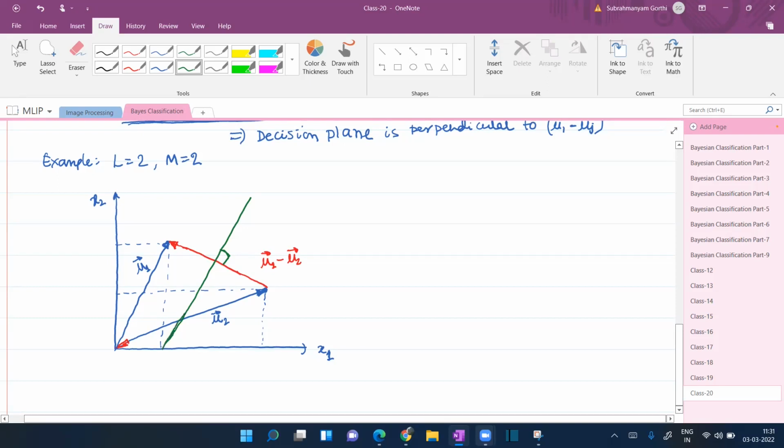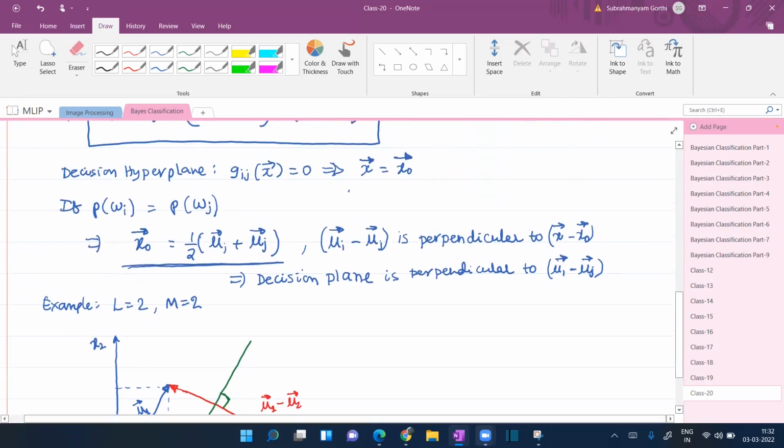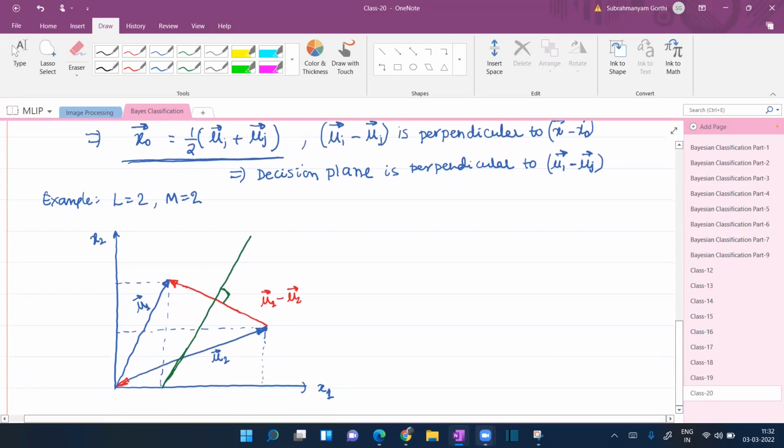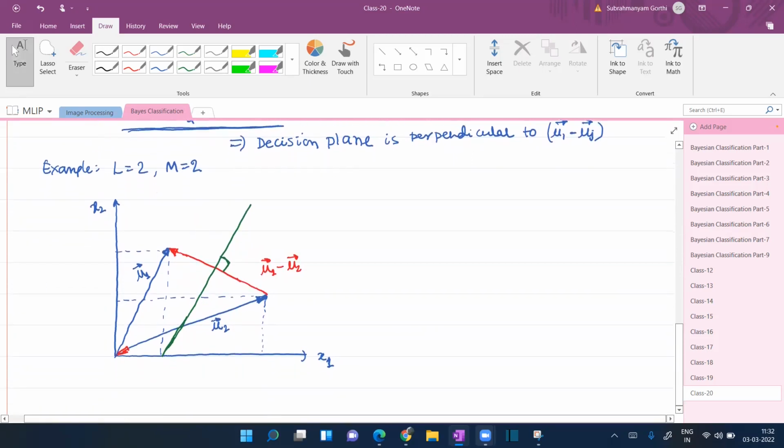Let me extend it further to intersect with x1 also. And now on mu1 and mu2, you could use simple vector calculus here, and you would realize, or even from the equation, you would see that this x naught bar is equal to mu1 plus mu2 by 2.